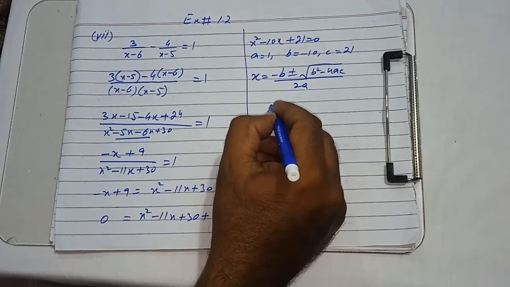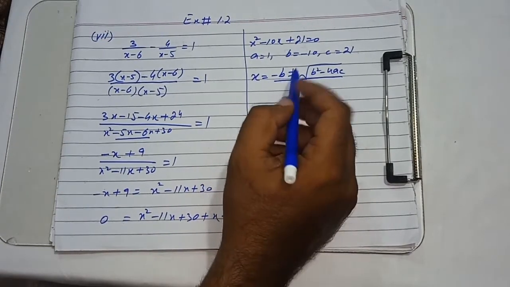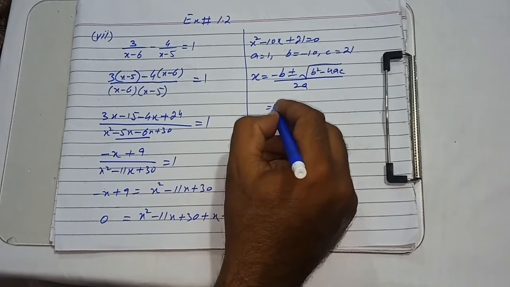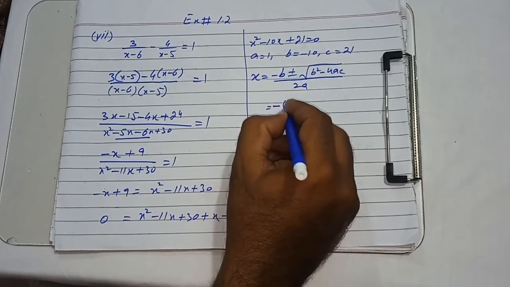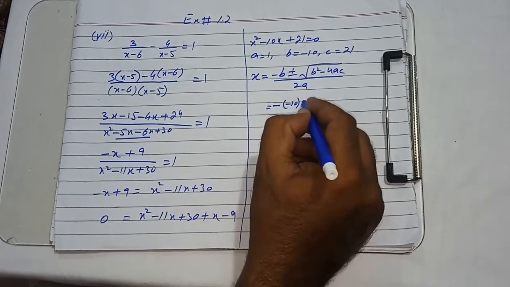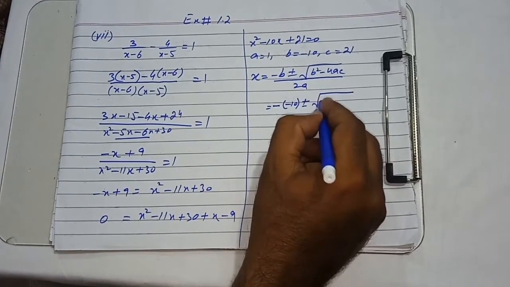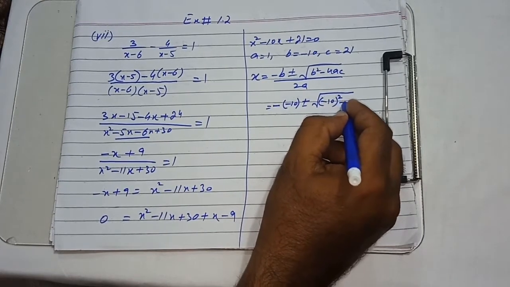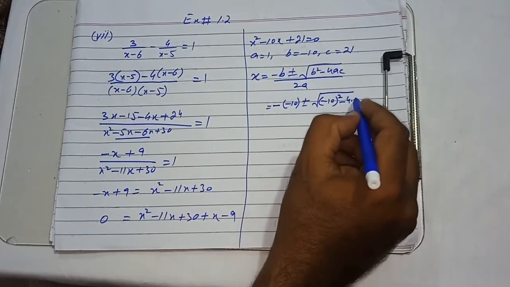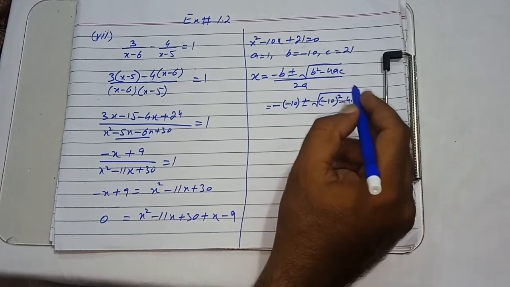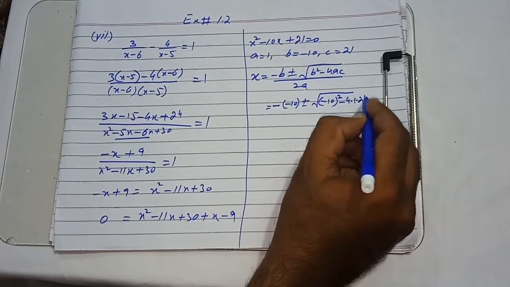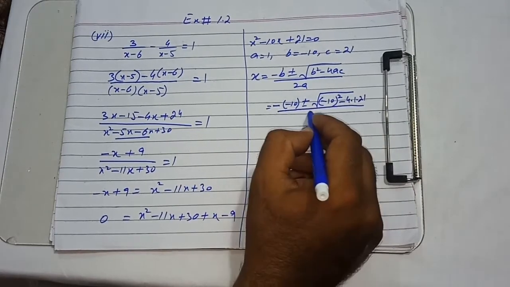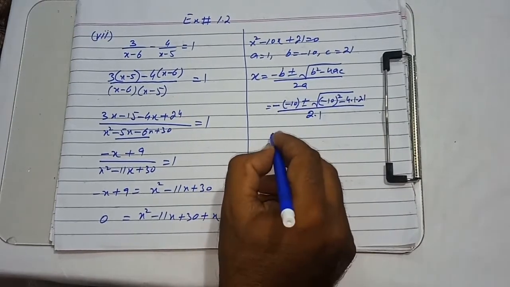Now put the values of a, b and c. The value of b is minus 10, whereas this minus is of the formula, so I will write minus into minus 10 plus minus under root minus 10 square, and it will be written in brackets, minus 4. In place of a I will write 1, and in place of c I will write 21, as the value of c is 21, over 2a, and the value of a is 1.